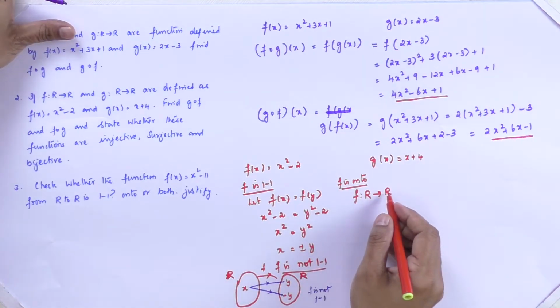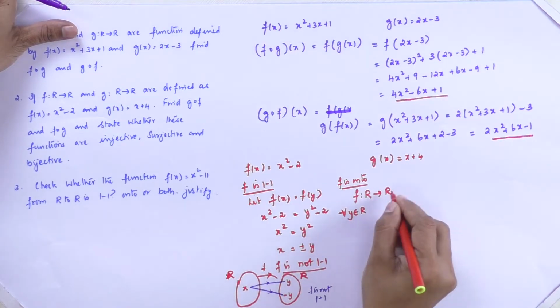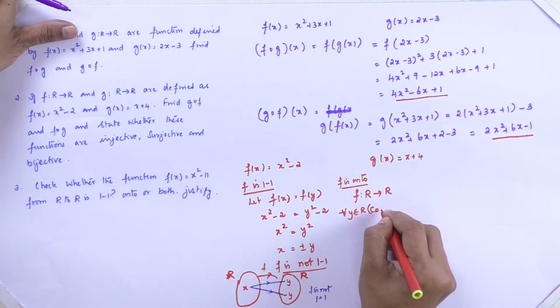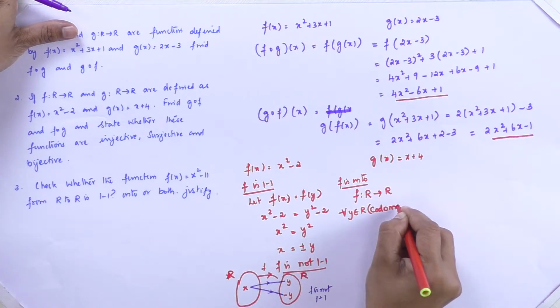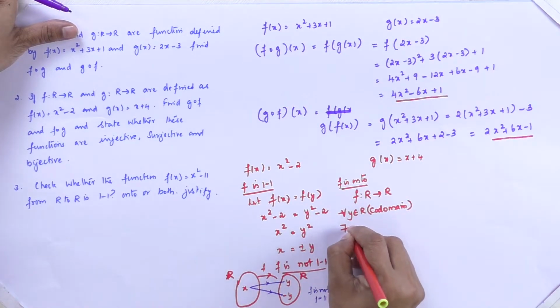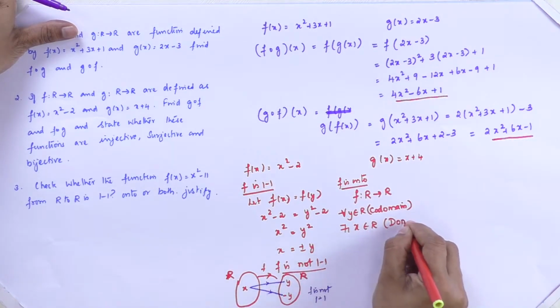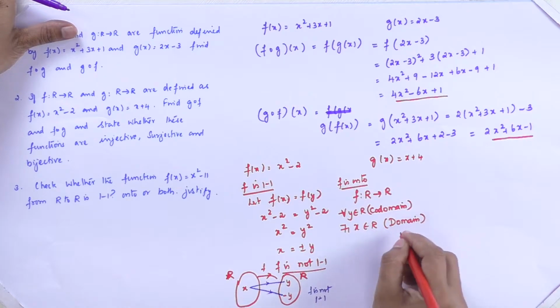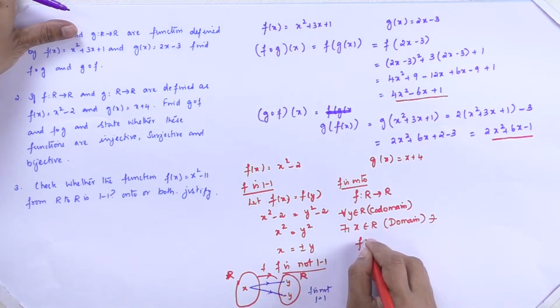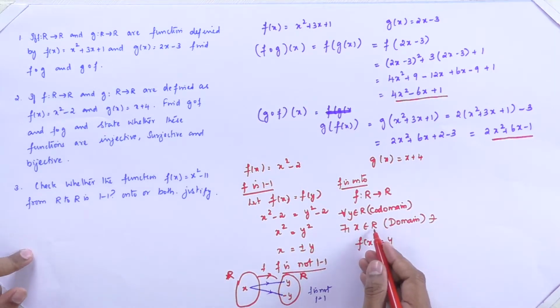So for every element y belonging to R, the codomain set, there exists an element x belonging to R, the domain set, such that f of x is equal to y. I will have to check whether that also belongs to the real numbers or not.